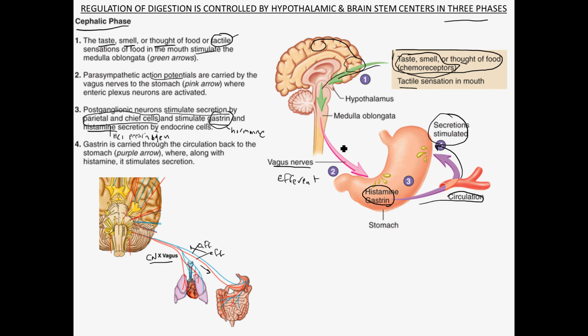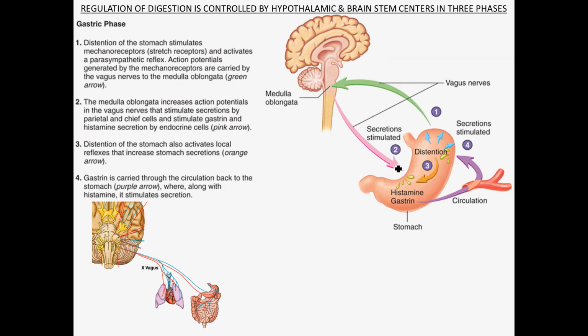So you have action potentials from the vagus nerve, specifically activating parietal and chief cells, and then the gastrin that gets into the bloodstream also feeds back and stimulates the parietal and chief cells, as well as, not mentioned here, the mucus cells. We'll have mucus cells there secreting mucus into the stomach. And so that is the cephalic phase.